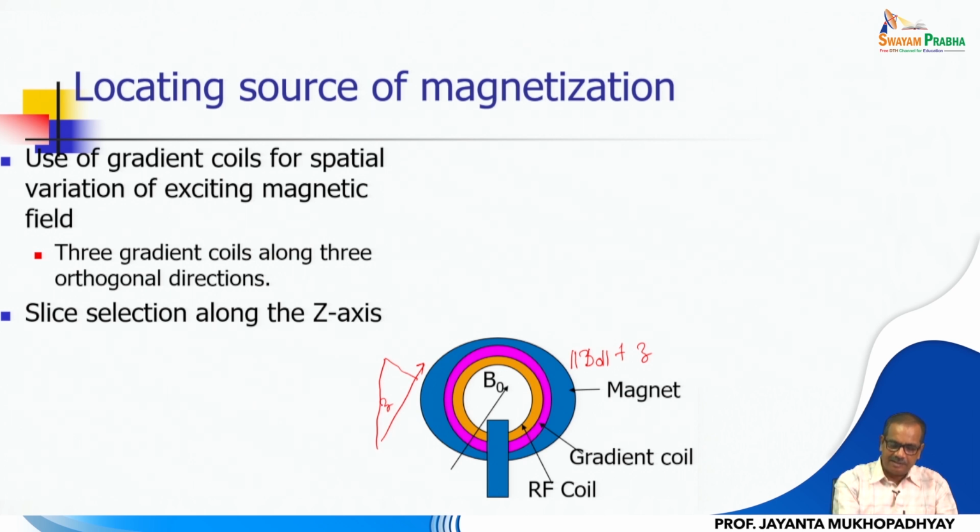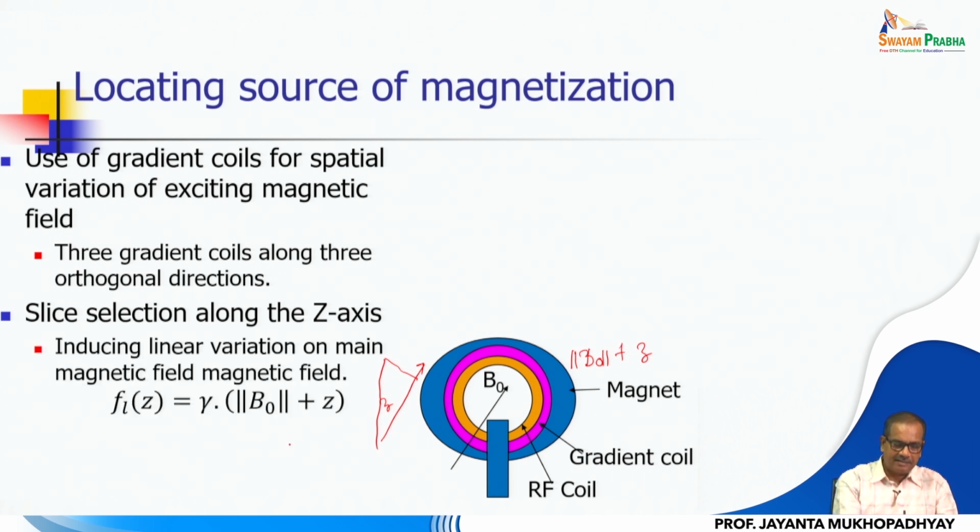That means, as you see, because of the spatial variation, there is a particular frequency for a particular value of Z, that is the Larmor frequency. So if I excite the respective device with that frequency, at a particular value of Z, the longitudinal magnetic field will be excited to become the transverse component at that point only.